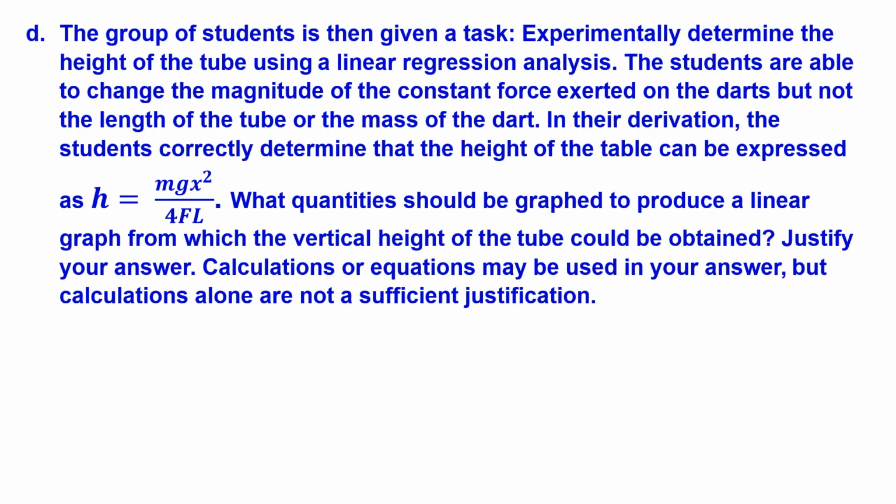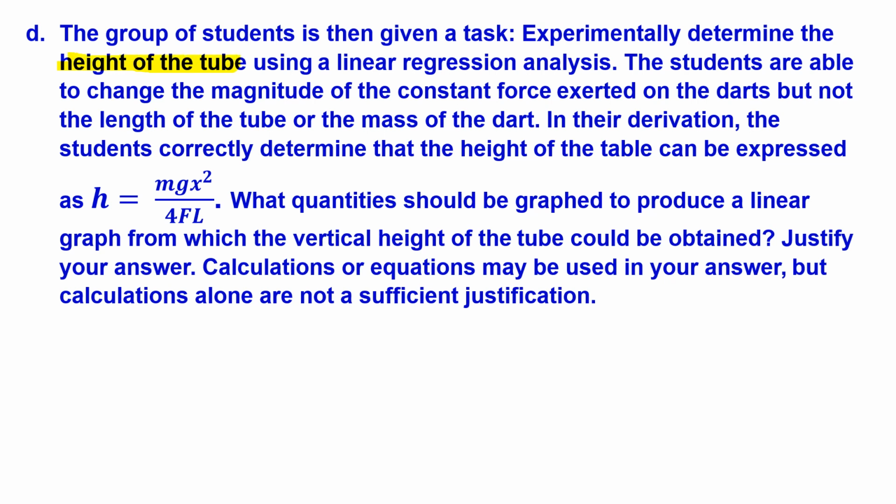So letter D, and then we have E and F. The group of students is given the task to experimentally determine the height of the tube using a linear regression analysis. Again, linear regression analysis, the height of the tube. So you're trying to figure out h.